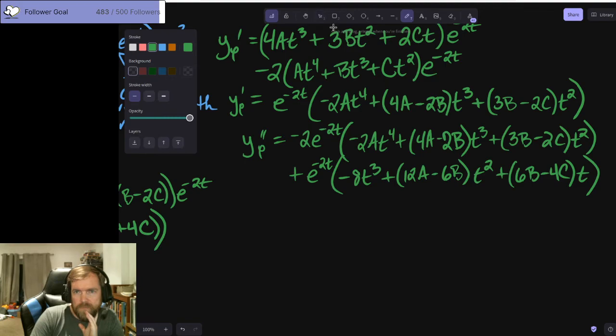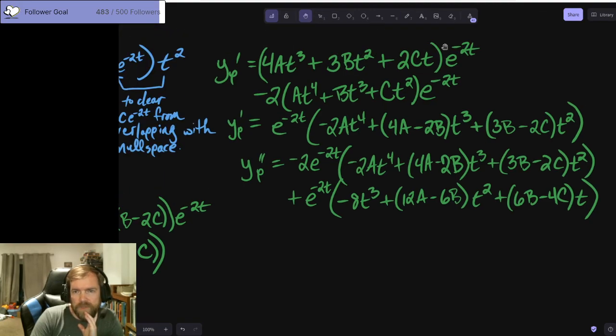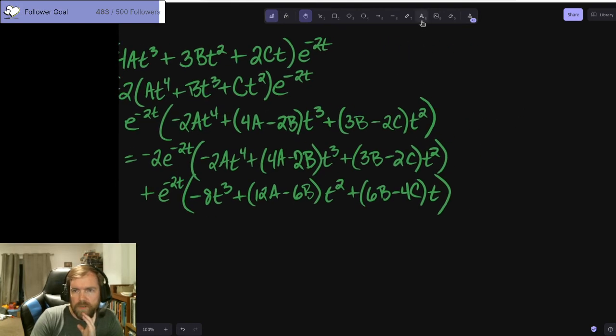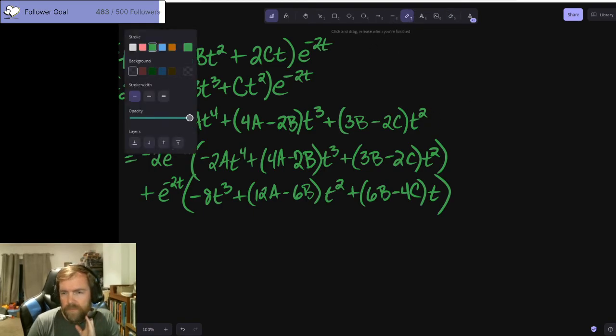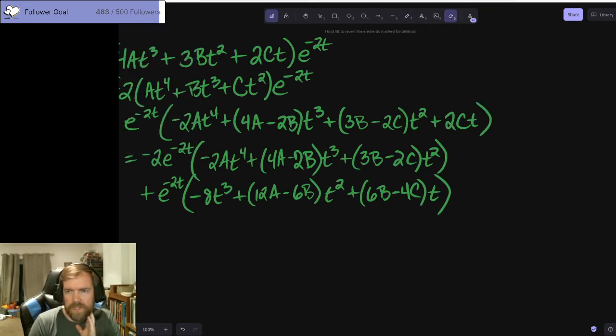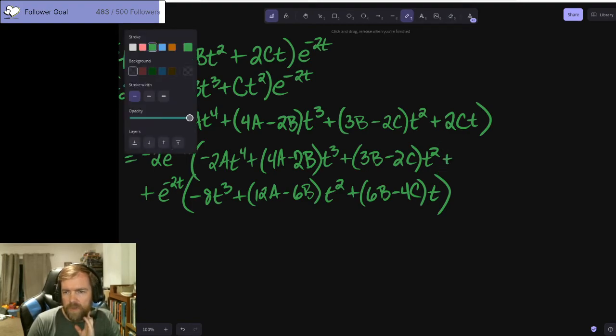Wait. Yeah, I did miss one. Plus 2ct. I knew I was missing something, because here we should have a lower degree. When we took two derivatives of something that has t squared in it, it should have a constant somewhere.